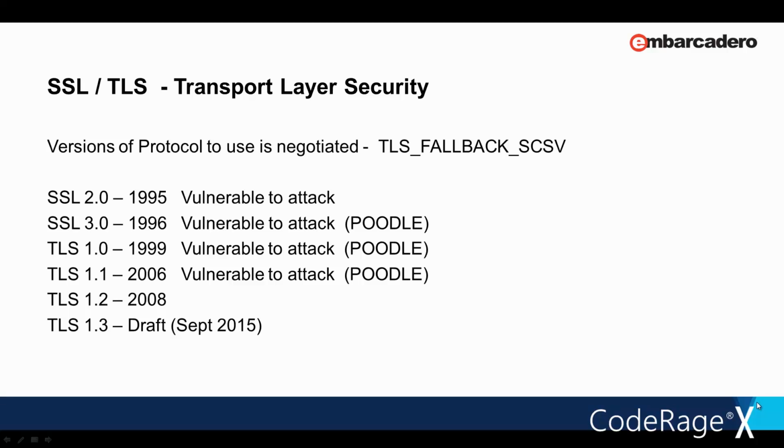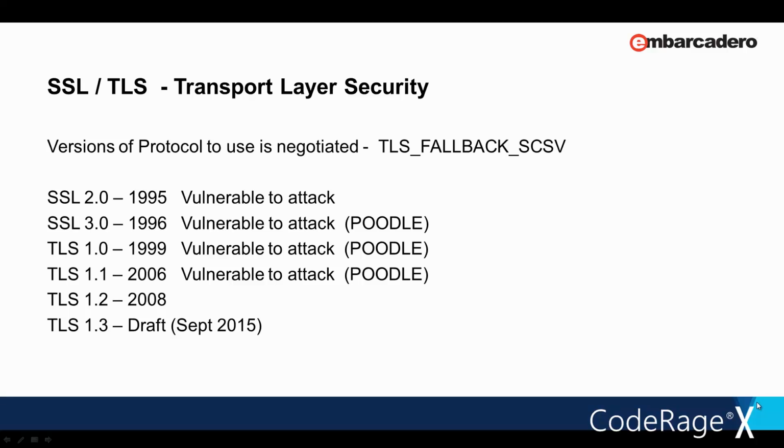Initially we had SSL 1.0, which was never released to the public because it was found to be vulnerable to attack. So ultimately, they came out with SSL 2.0, and as you can see, it's also vulnerable to attack, and is so vulnerable that you should never use it.